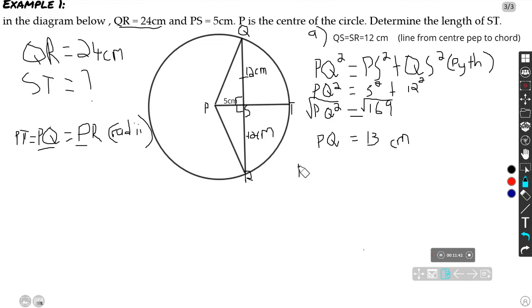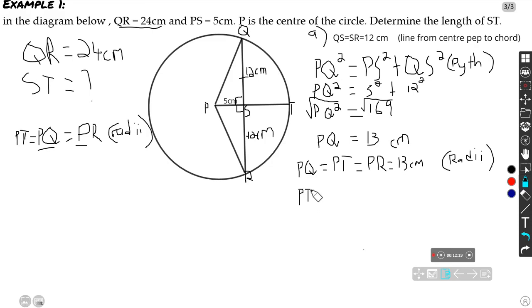So PQ is equal to PT is equal to PR, which is equal to 13 centimeters. The reason is radii.